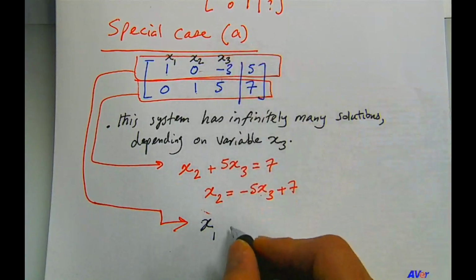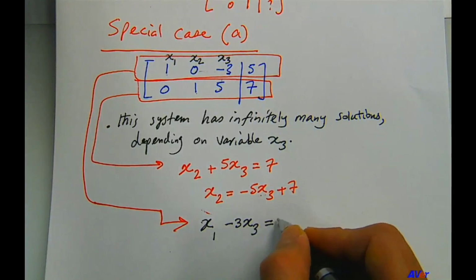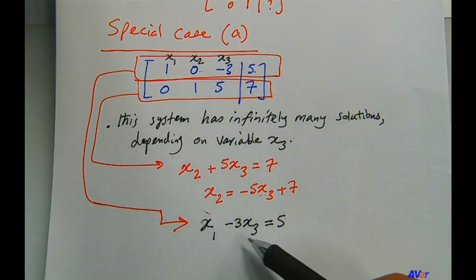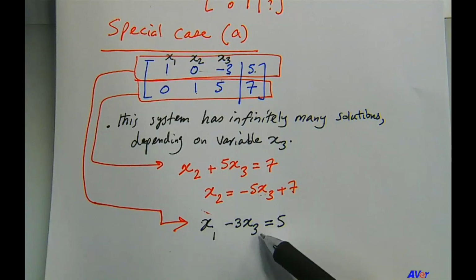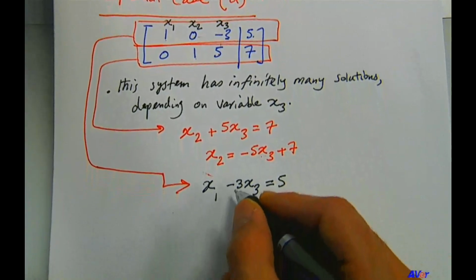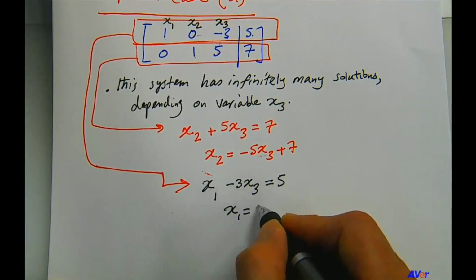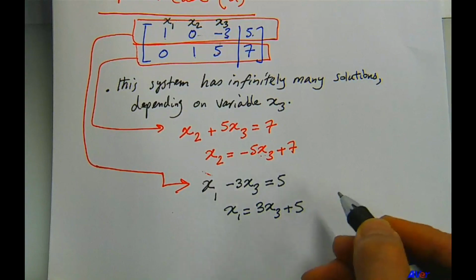Negative 3 times x3 will be negative 3x3 equals 5, which is the constant on that side. So let's solve this equation for x1 in terms of x3. So we'll have x1 equals, moving this to the other side, 3x3 plus 5.